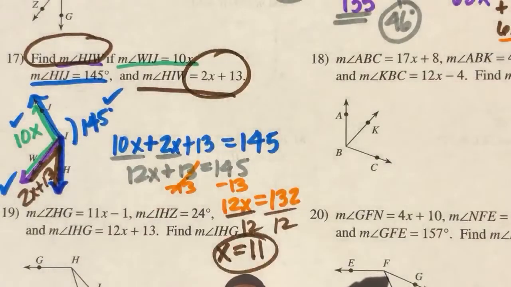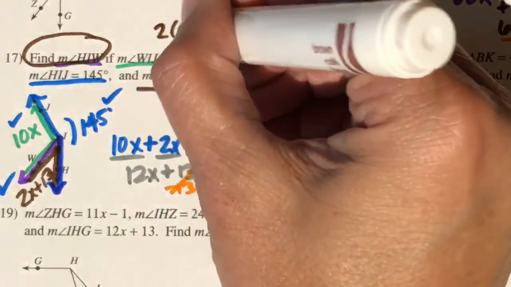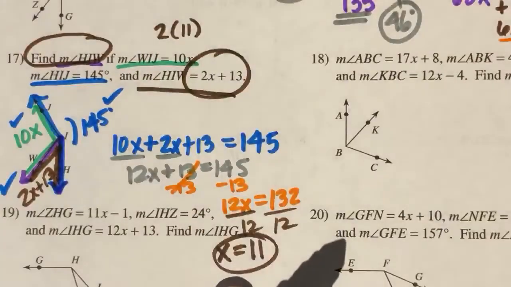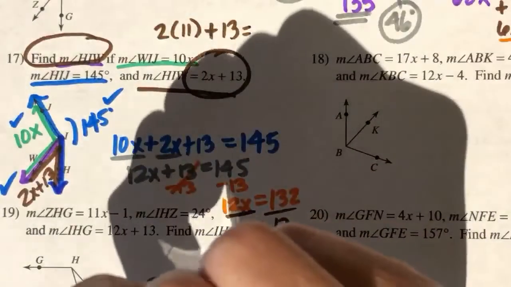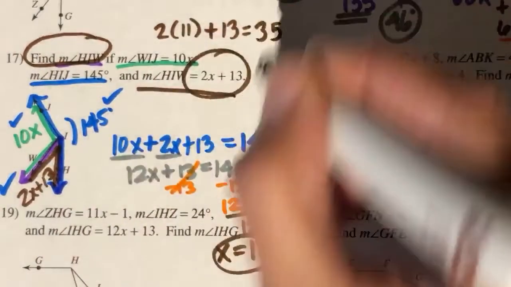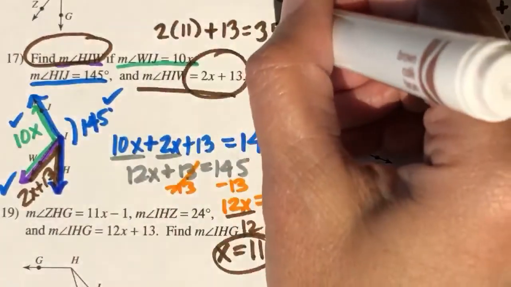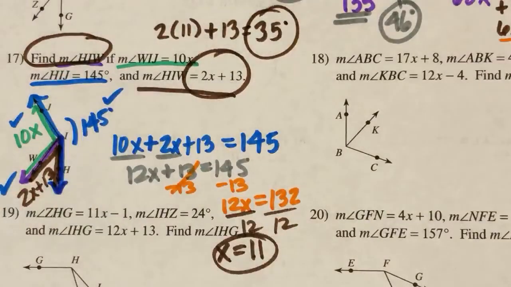I know x is 11 now, so I can plug that in. 2 times 11, plus 13, gives me 22 plus 13, which is 35. So that is my answer, 35. That's the measure of angle HIW.